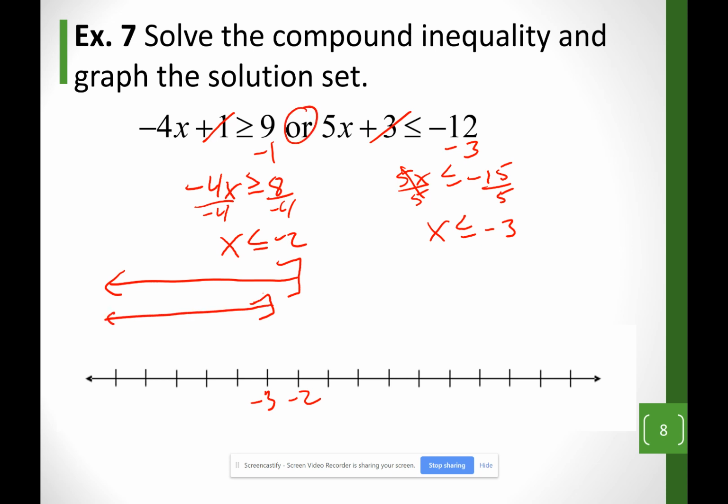Because I'm using the word OR, that's basically a union, I'm asking which numbers are at least in one of the sets. And we're going to say from negative 2 towards the left as my graph. Now, if I had to write it in interval notation, I go as far left as negative infinity, and as far right as negative 2 with a bracket.